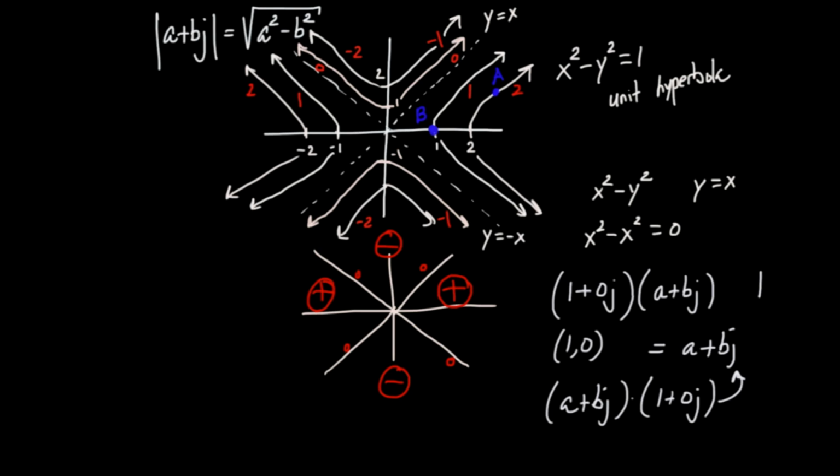And just like we were finding for the complex numbers, if I take some number which is located very close to 1, 0, still on the unit hyperbola, but very close, this multiplication by this B does almost nothing to A. But what it's going to do is keep A on the same hyperbola.